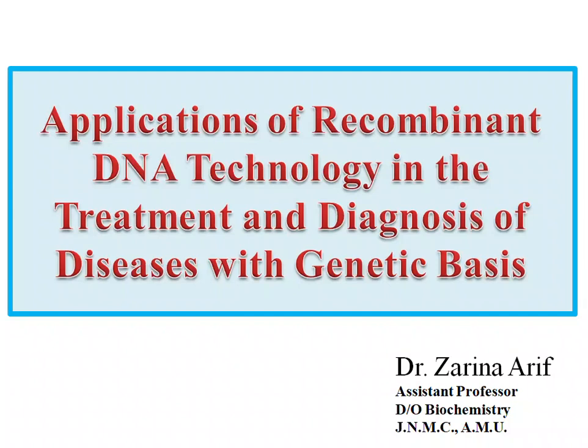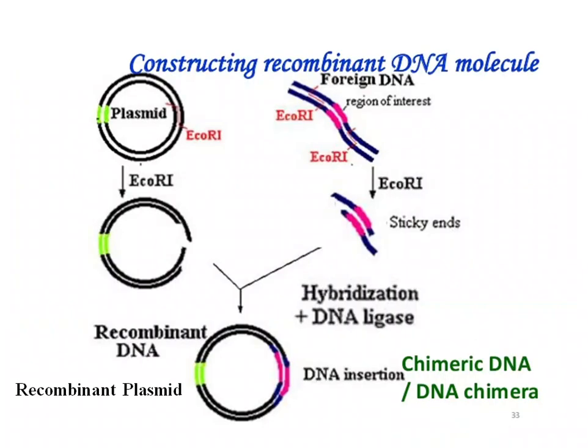In order to understand the applications, we must first understand the process of recombinant DNA technology itself. See, the basic strategy in molecular cloning is to insert a DNA fragment or a foreign DNA, it could be from human or some other source, into a DNA molecule which is called a vector, that is capable of independent replication in a host cell.